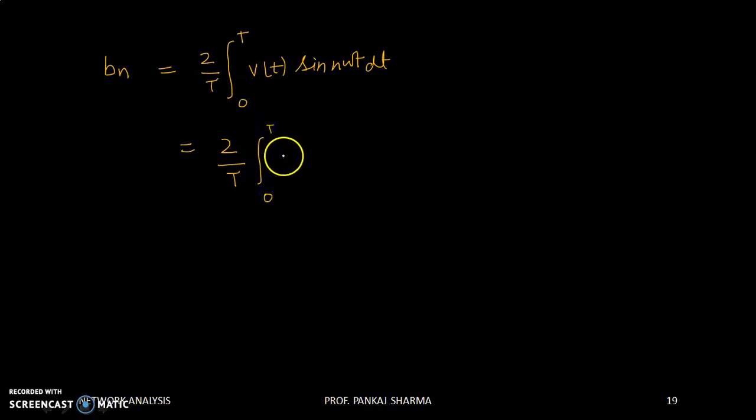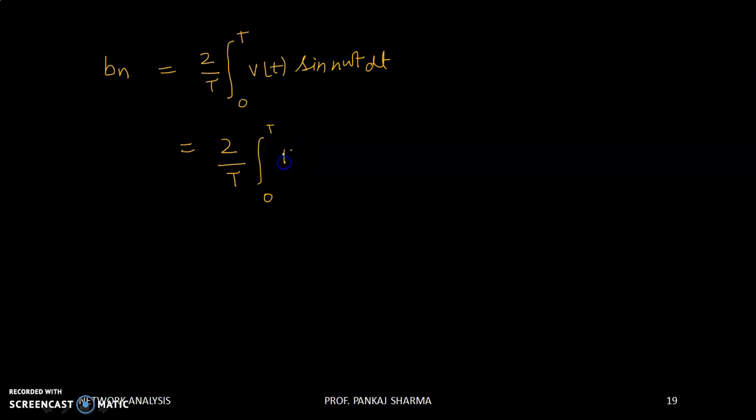is given by 2 by T integration from 0 to T v of t sin n omega t dt, which is equal to 2 by T integration from 0 to T. Put the value of Vt.